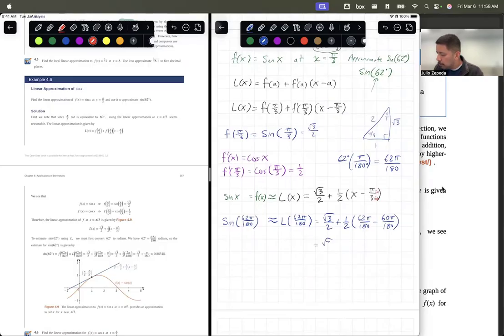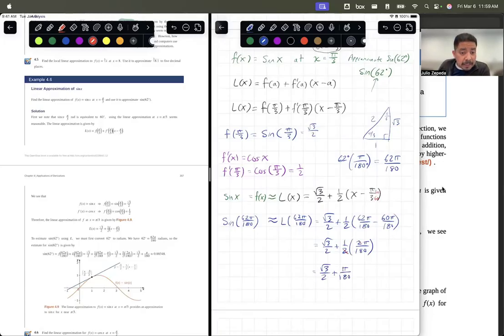This equals root 3 over 2 plus 1/2 of, this is 2 pi over 180. These 2's are going to cancel. And so we have root 3 over 2 plus pi over 180.